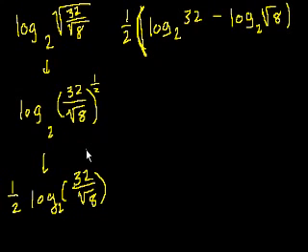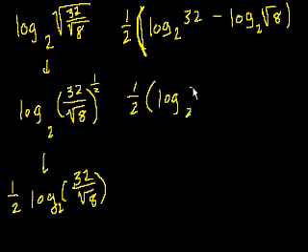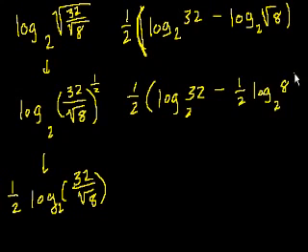And once again, we have a square root here, so this is equal to 1/2 times log base 2 of 32 minus, this is 8 to the 1/2, which is the same thing as 1/2 log base 2 of 8. We learned that property in the beginning of this presentation.